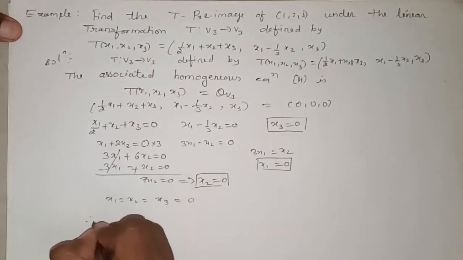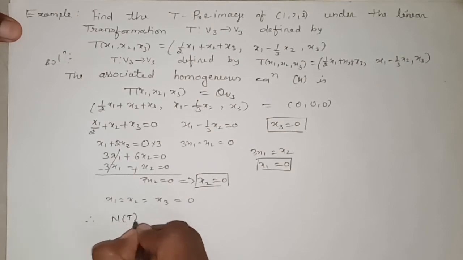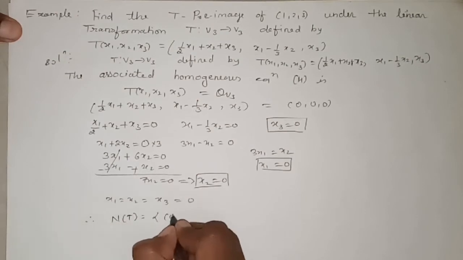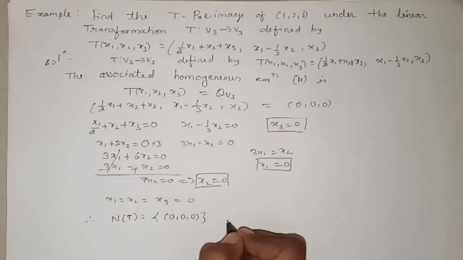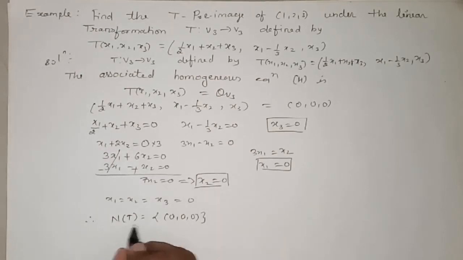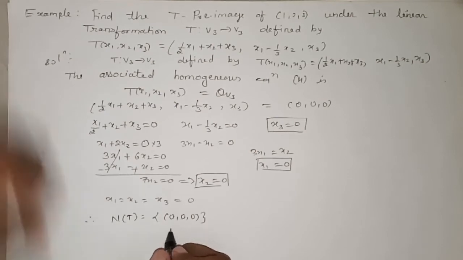Hence the nullity of T is equal to the set of only the 0 element. Now our null space of T is only the 0 element, so our solution is unique.